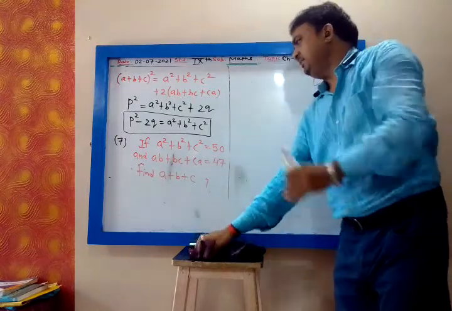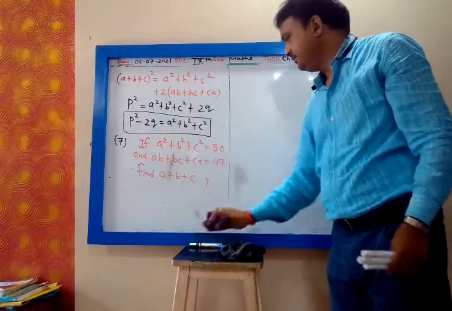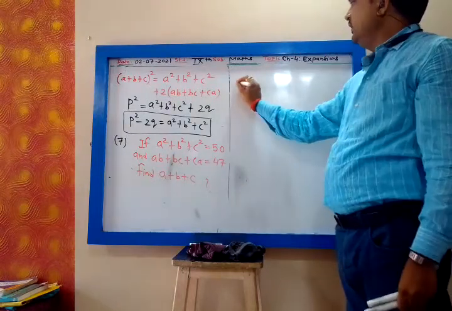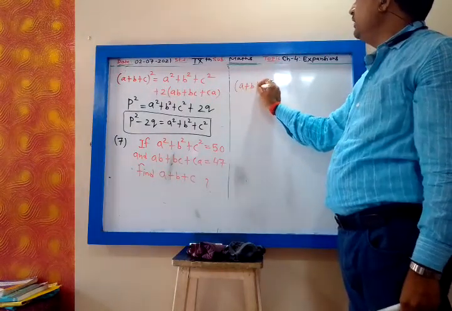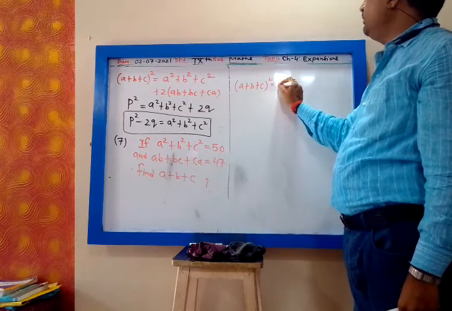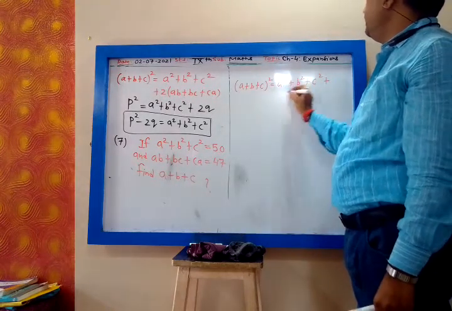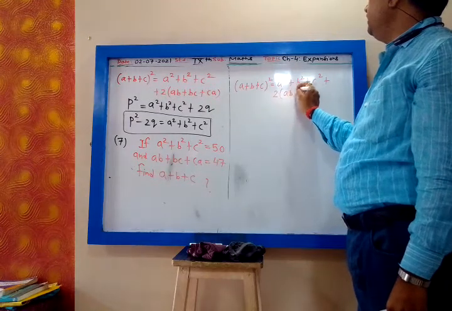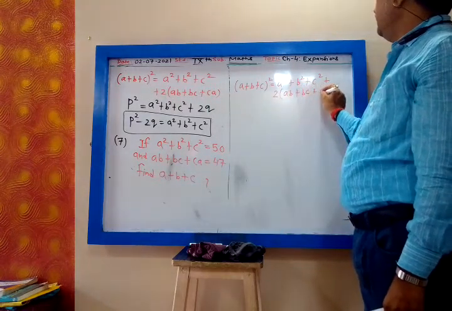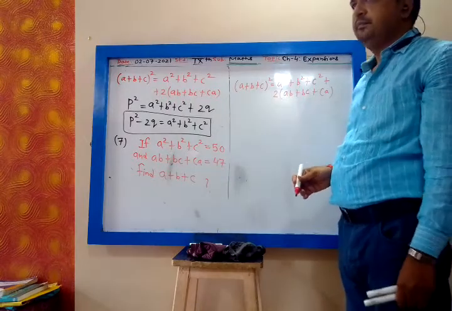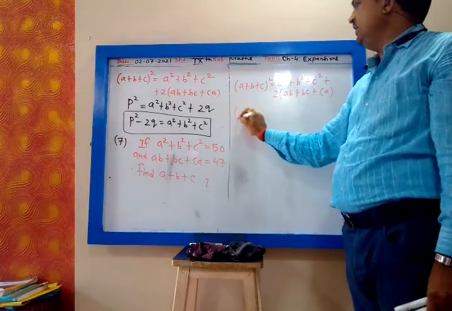So use the formula: a plus b plus c whole square is equal to a square plus b square plus c square plus 2 times ab plus bc plus ca. Let us see the answer.